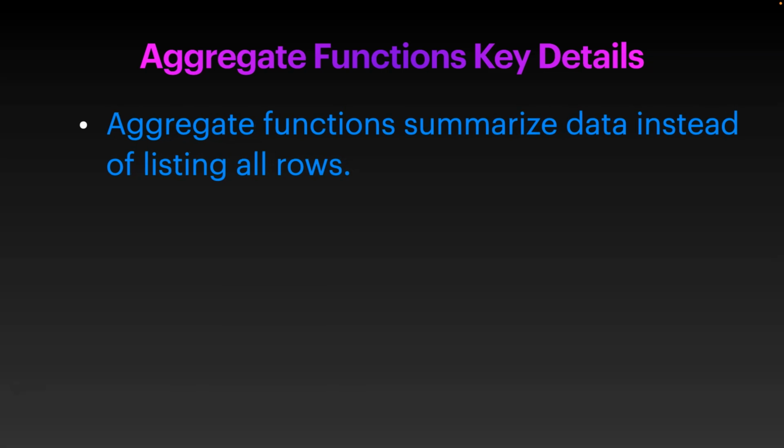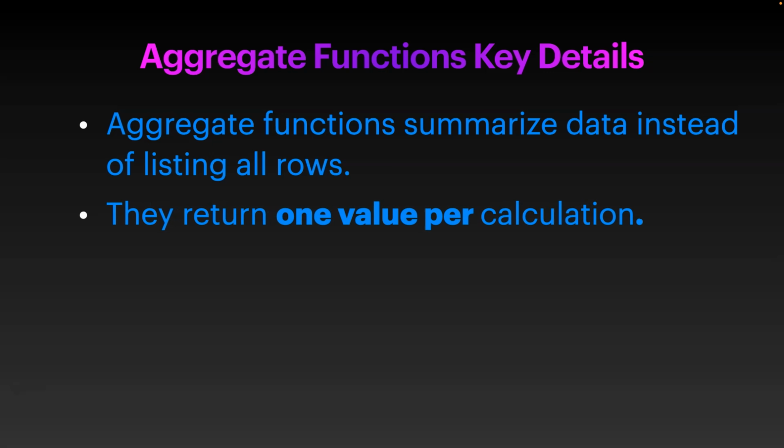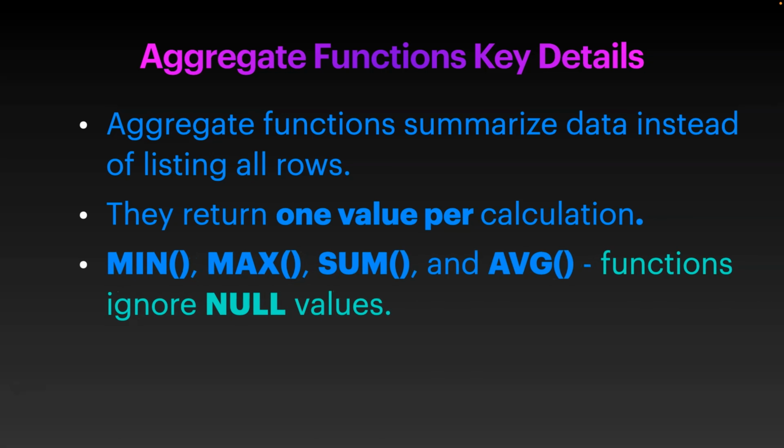Let's wrap up with a few crucial points before moving on to the group by and having keywords in SQL, which, by the way, are essential for expanding our use of aggregate functions. So aggregate functions summarize data instead of listing all rows. They return one value per calculation. And min, max, sum, and average functions ignore null values.